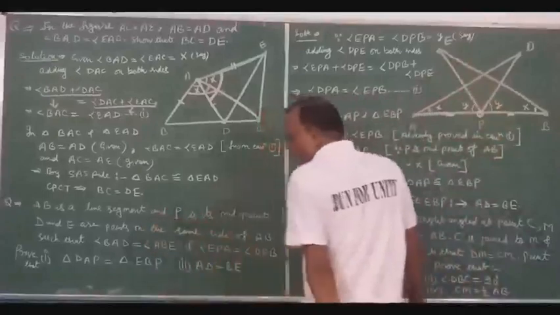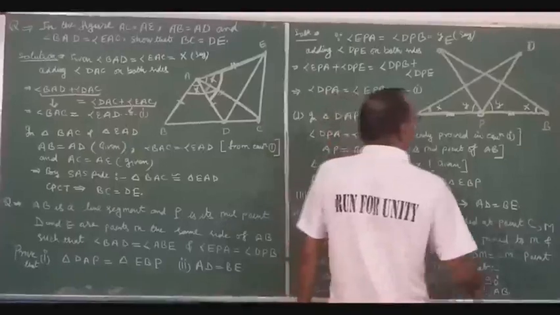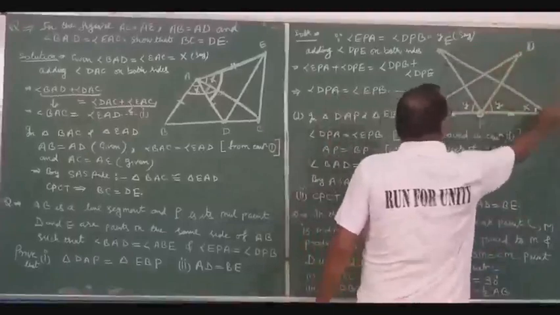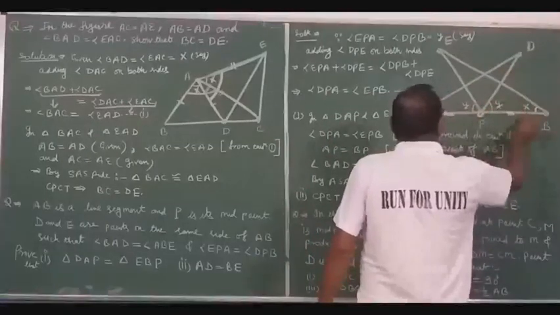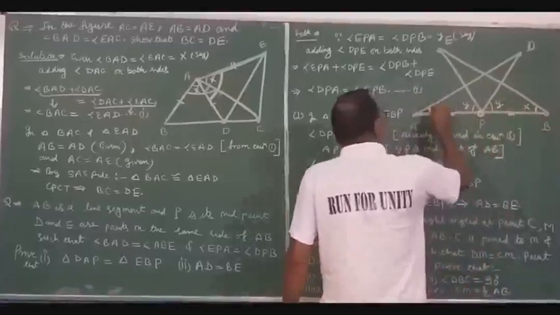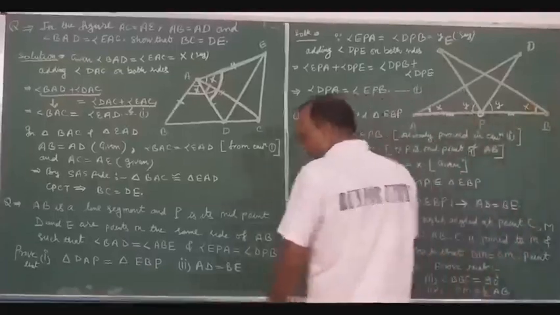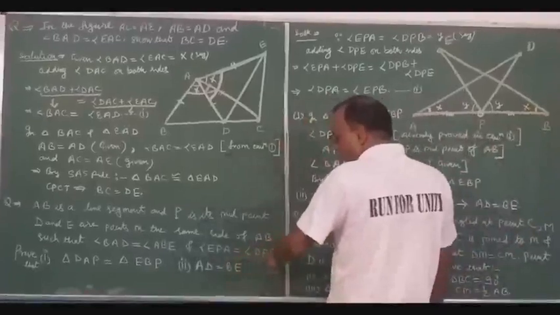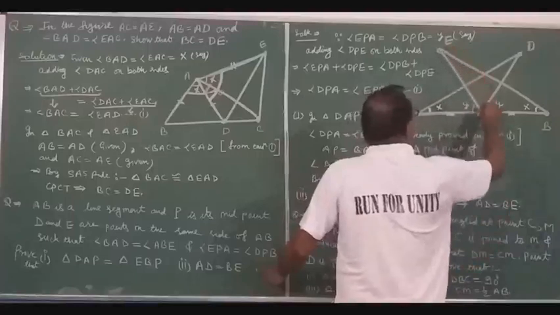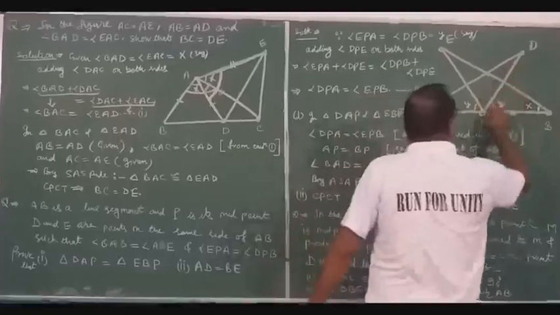Such that angle BAD is equal to angle EBA. These two angles are given equal, and they are X. And angle EPA is equal to angle DPB.